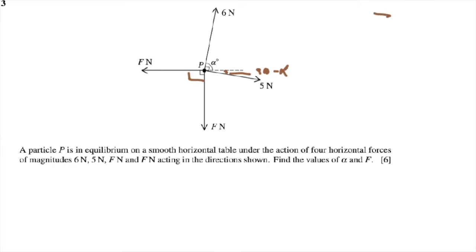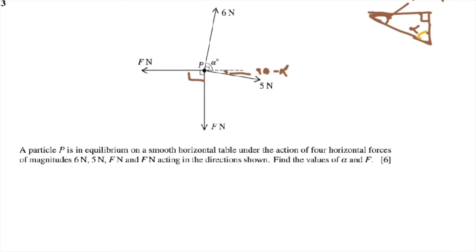So if you have a triangle like that, and that's 90 minus alpha, then with this right angle, this part should be alpha.